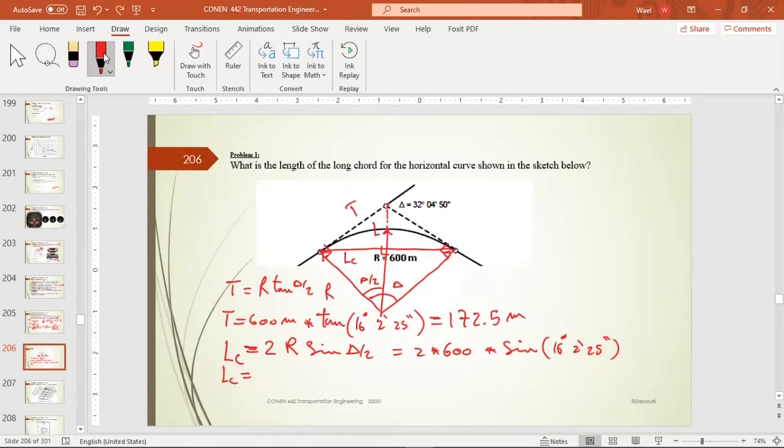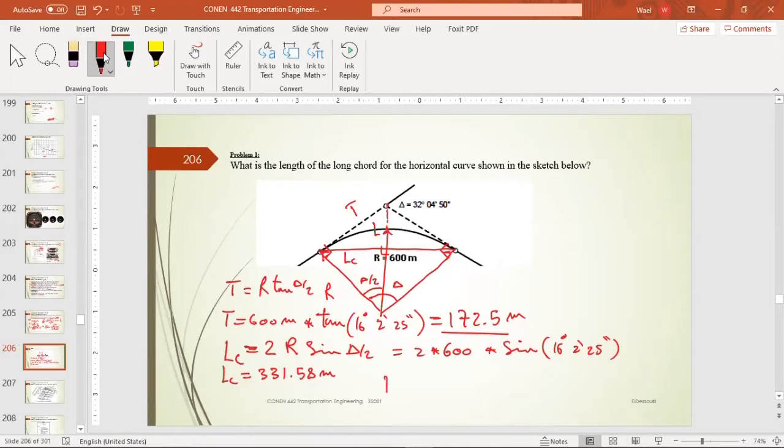If this value is correct, this cannot be what you're saying. Let me just do the calculation myself. So I have 600 multiply, sorry, the long chord is 331.58 meters. Okay.